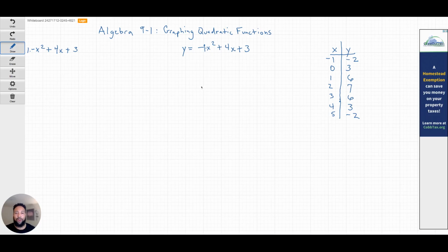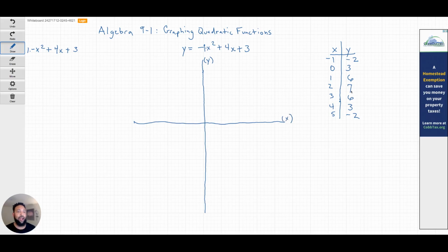Okay, we're getting ready to graph our quadratic function. I have some lines here. Let's see if I can make a straight line. When we get ready to graph, this is our y-axis and this is our x-axis.